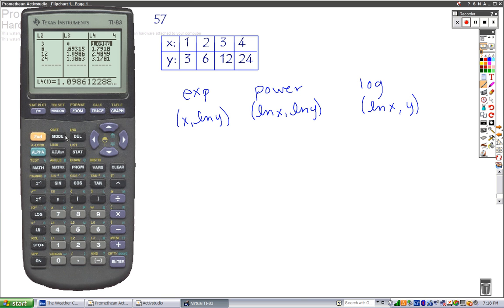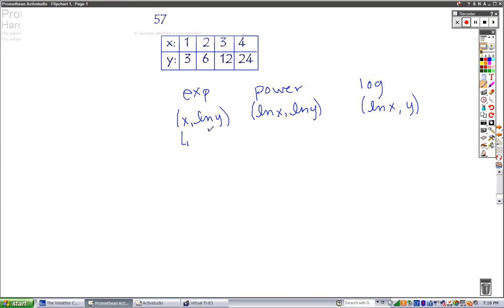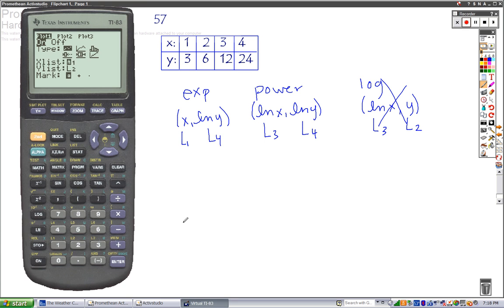So I want to see which one looks more like a straight line with these, so I'm going to go to stat, second stat plot. I know that it's either exponential or power, so I'm going to go to the first one, and remember that this is in L1, this is in L4, this is in L3, L4, L3, and L2, but we're not using this one anyways.